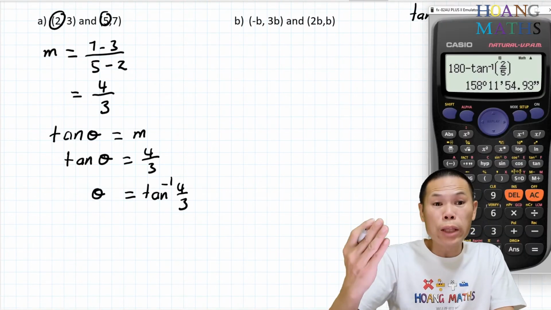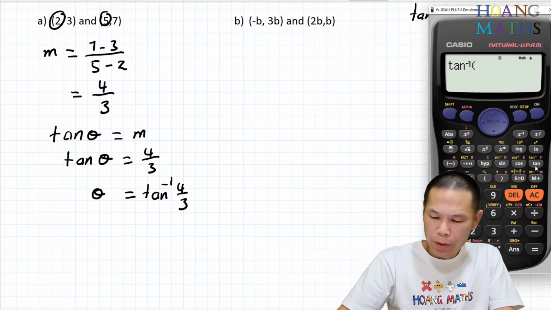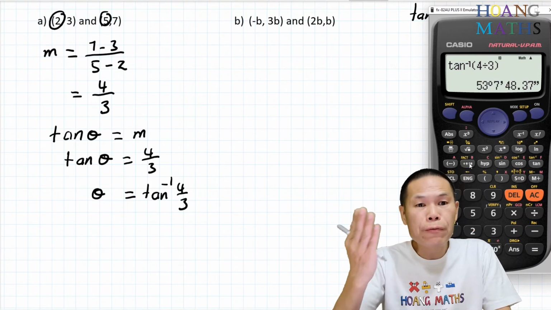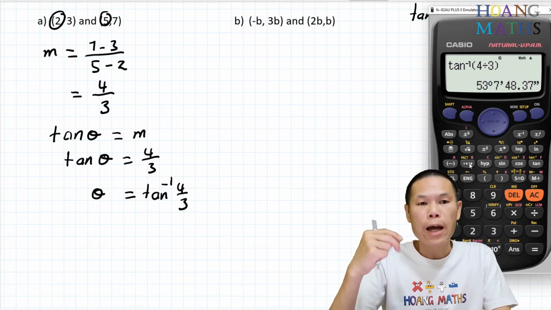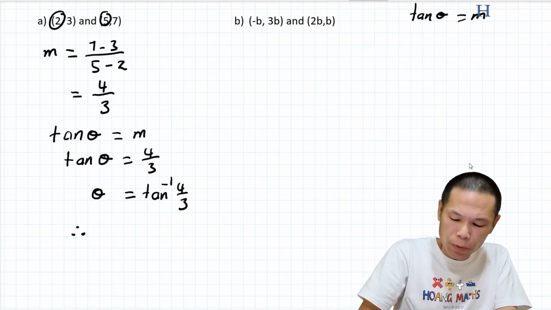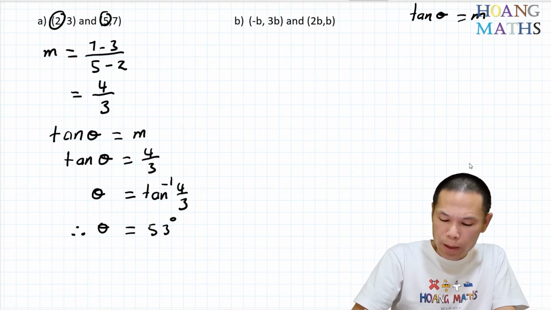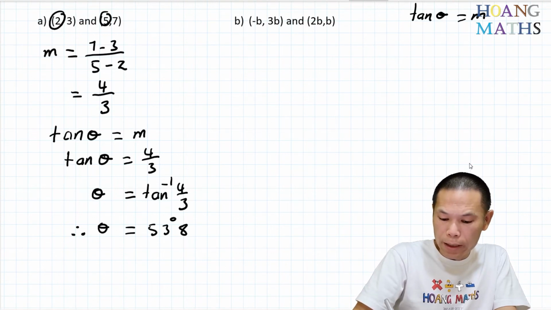Now I put that on a calculator: inverse tan of 4 divided by 3. That gives 53 degrees and 8 minutes. So therefore, theta is equal to 53 degrees and 8 minutes.